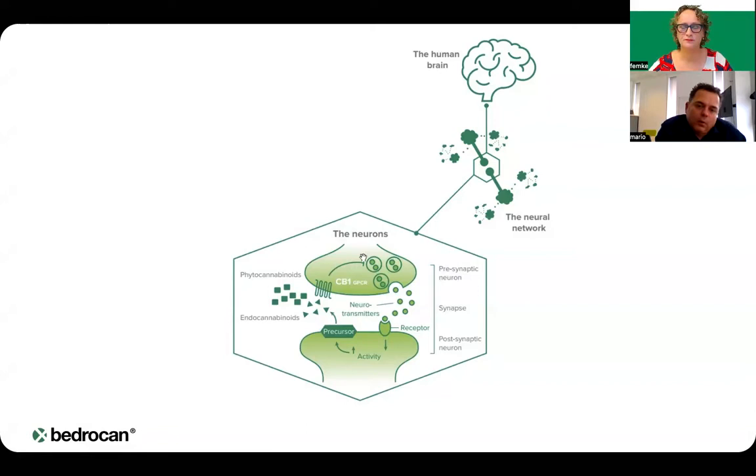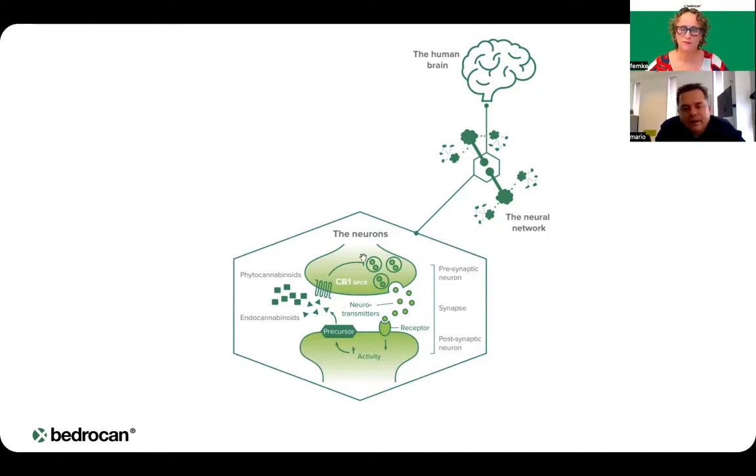That's a small molecule messenger that is released by one nerve cell, and then it travels through the synaptic cleft, and thereby it reaches the other side of this cleft, where another nerve cell is waiting to receive these neurotransmitter signals. You can see that here on the slide. There is another type of receptor that can bind to these neurotransmitters. And then this second nerve cell is also being activated. So nerve cells communicate with each other through these neurotransmitters.